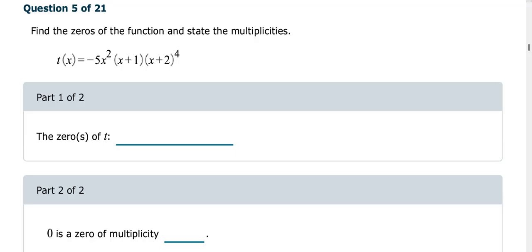Number 5, find the zeros of the function and state the multiplicities. T of x equals negative 5x squared times x plus 1 times x plus 2 to the 4th. Luckily, this polynomial is already factored. To solve for the zeros, you would set 0 equal to negative 5x squared times x plus 1 times x plus 2 to the 4th.